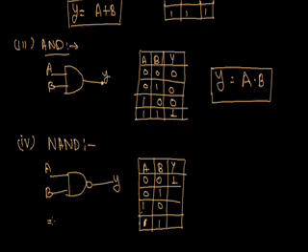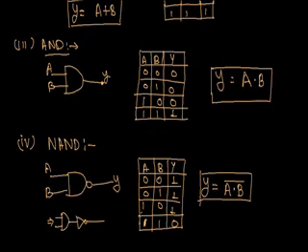It is basically an AND gate followed by a NOT. For 0 0 the AND gives 0, and NOT inverts it to 1. One input is 0, the AND output is 0, and NOT inverts it, so we get 1. And for 1 1 the AND gives 1, and we get 0. So in a NAND gate, if any one input is 0, then the output will be 1.